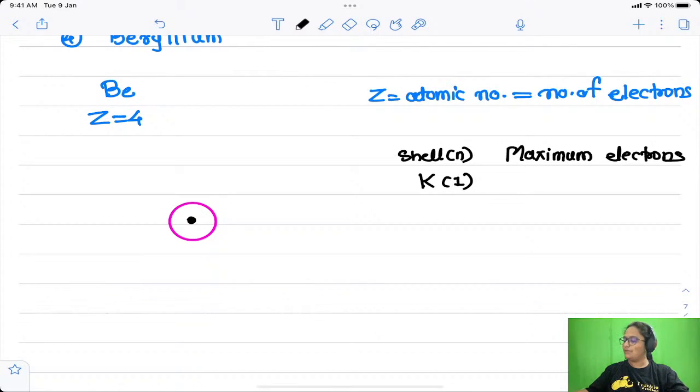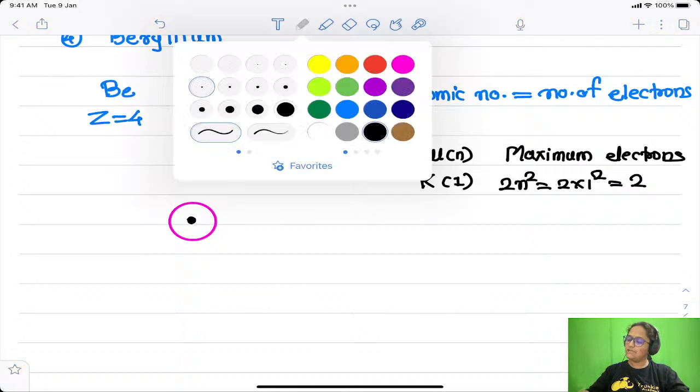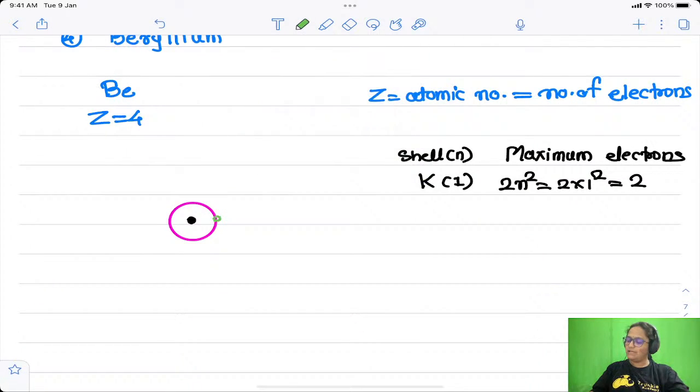In shell number 1 we can fill 2n square, that is 2 into 1 square, that is 2 electrons. So let us fill 2 electrons in it, one electron here, another here. So out of 4, 2 electrons are filled here.